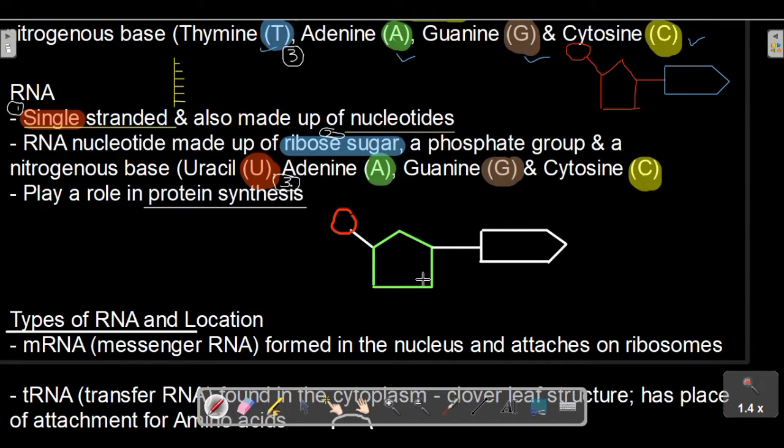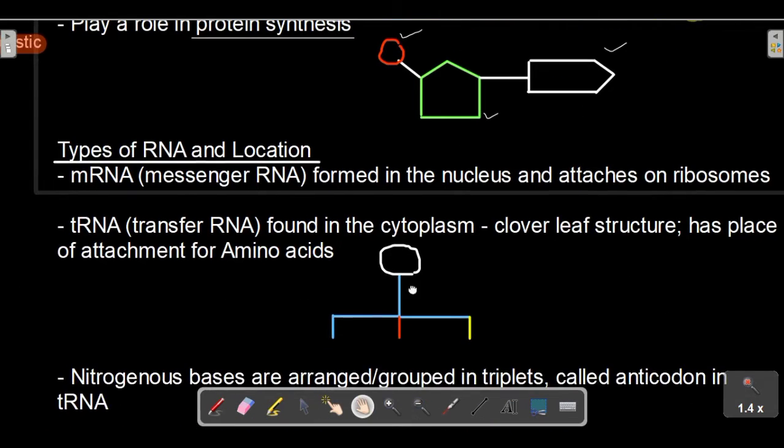And so this, of course, represents the structure of the RNA. There we have the phosphate group, and there is the ribose sugar, and of course, this is a nitrogenous base.